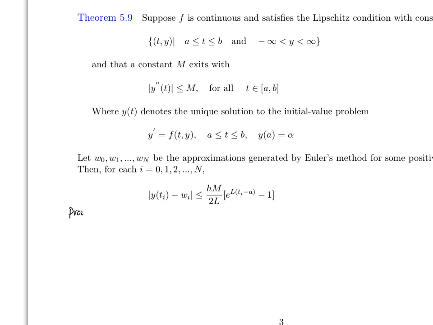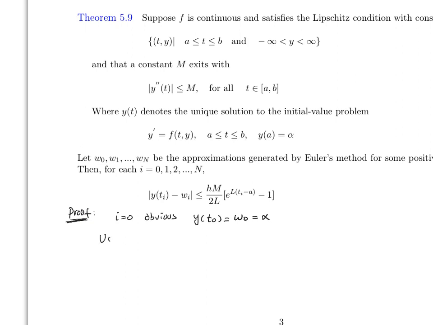So when it comes to the proof, this is obvious when i is equal to 0. Why? Because at i equals 0, the initial conditions for both of them are the same. Like I say, this is a pretty good question that could be on the test.